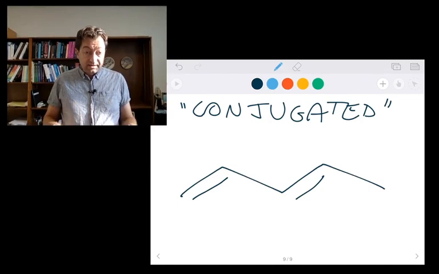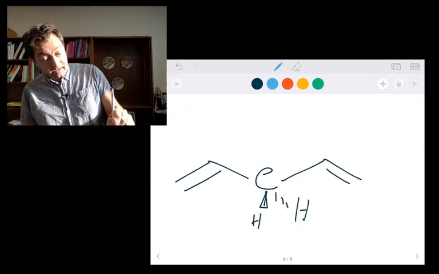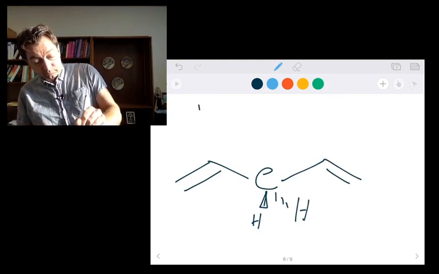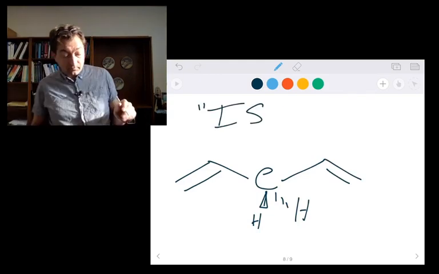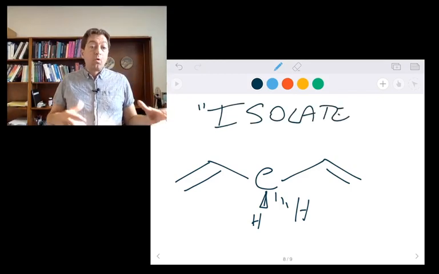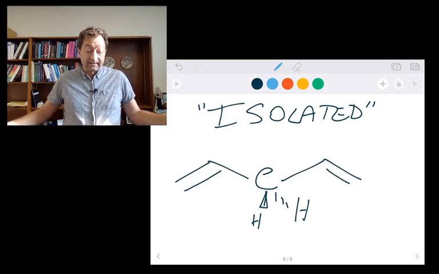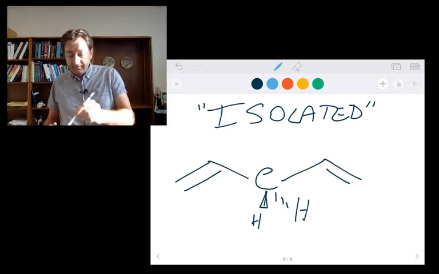Unlike these double bonds in the first system, I can draw that in here, these are isolated. They're separated by more than one single bond. In this case it's two, but in some cases it can be more than that. So they're isolated and independent of each other.